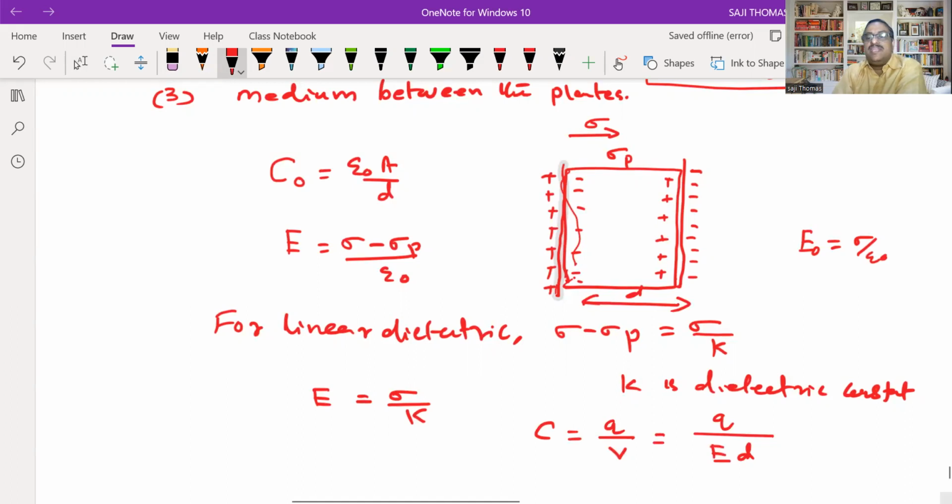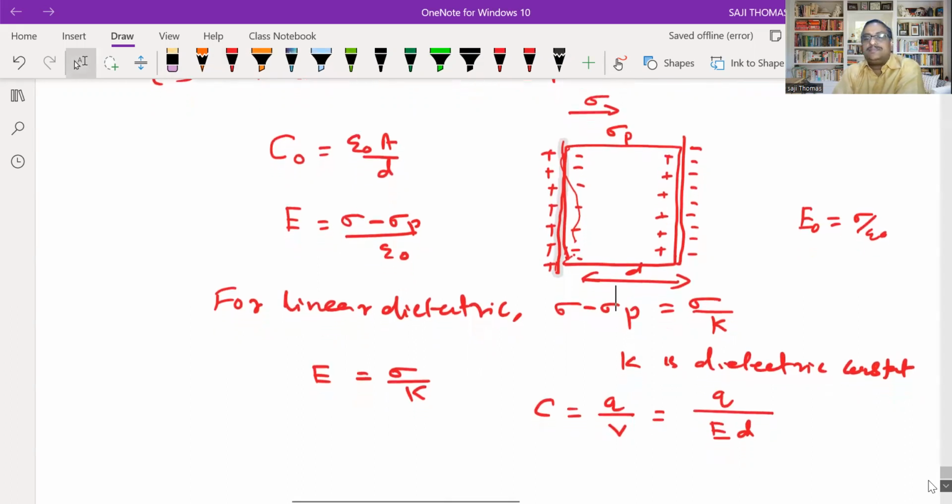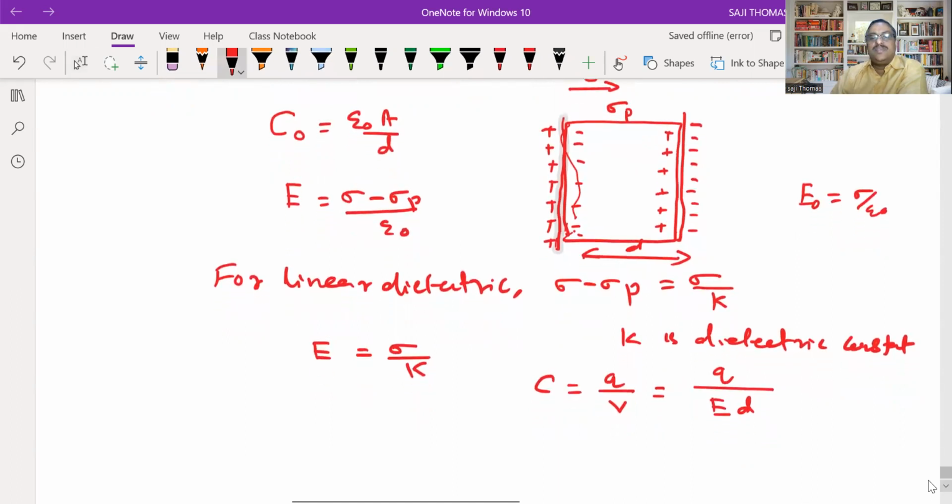But now we found E as sigma by K. So we can write C is equal to Q divided by, what is E? Sigma by K into D. Q is sigma A.